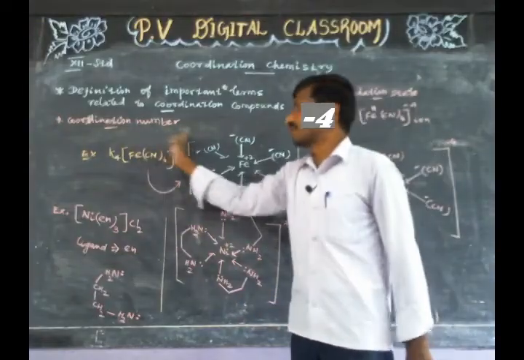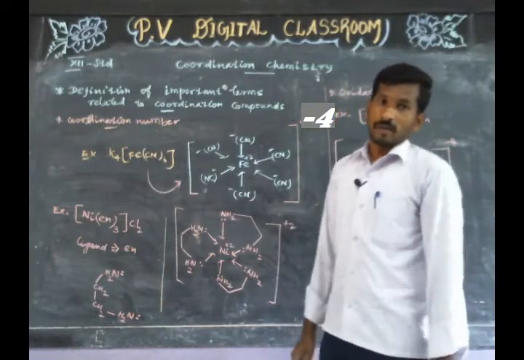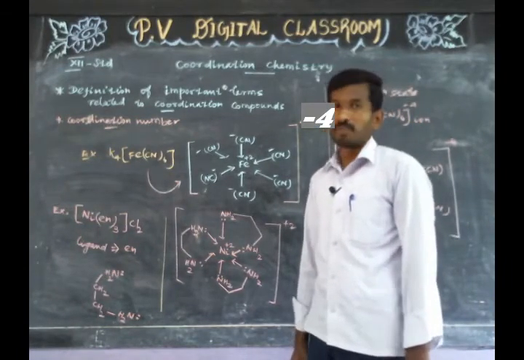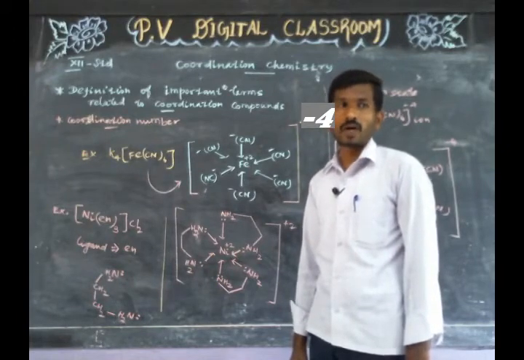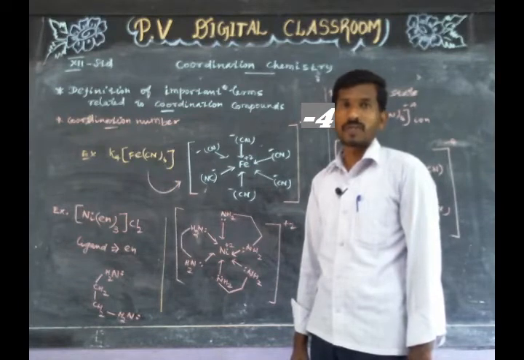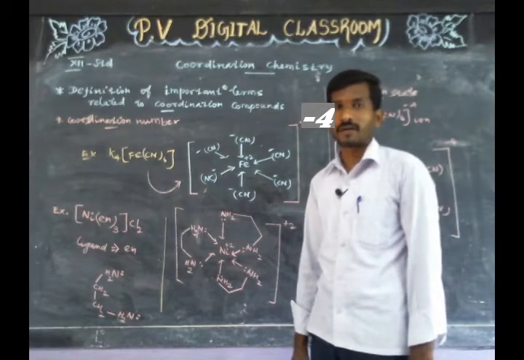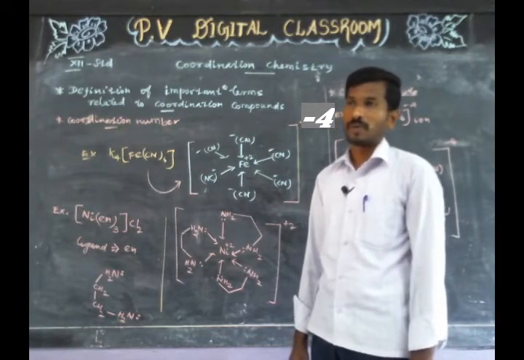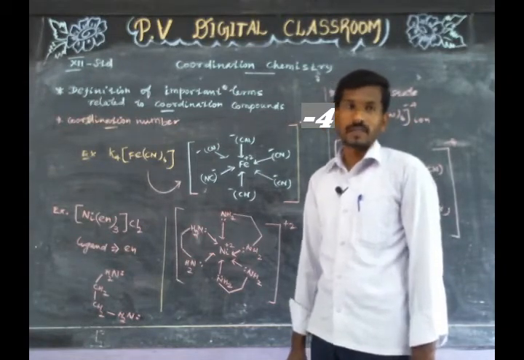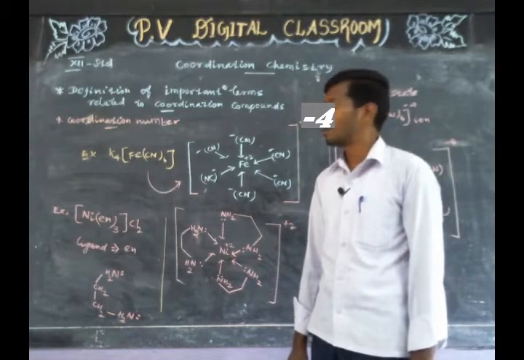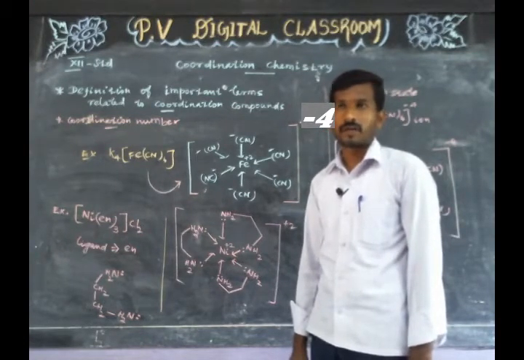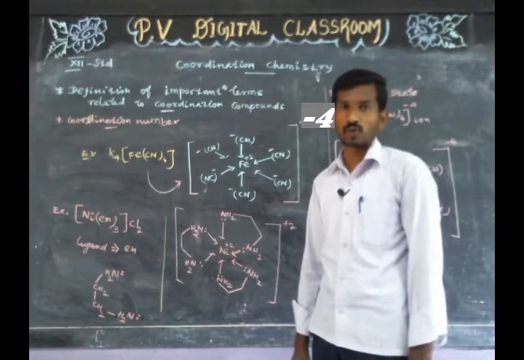Next, coordination number. Coordination number is the number of ligand donor atoms that are directly bonded to a central metal atom or ion in a coordination compound. In other words, coordination number is the number of sigma bonds between the central metal atom or ion and the ligands that attach to it.